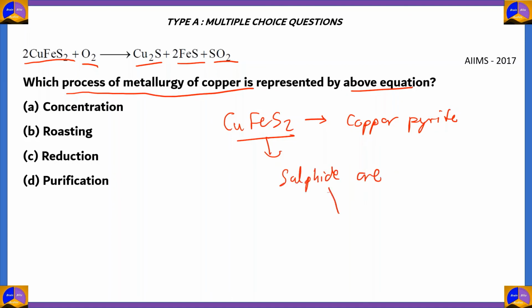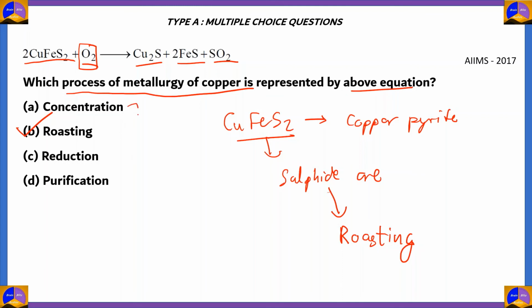And what do you do to convert sulfide ores to their respective oxides? The process is called roasting. And you see you have O2, the presence of oxygen. So this reaction represents the process of roasting. Copper pyrite is getting roasted. So that's why option B is the right option.